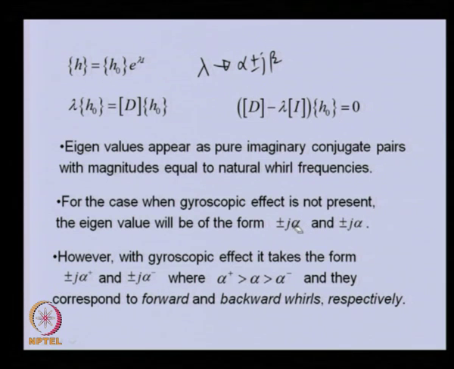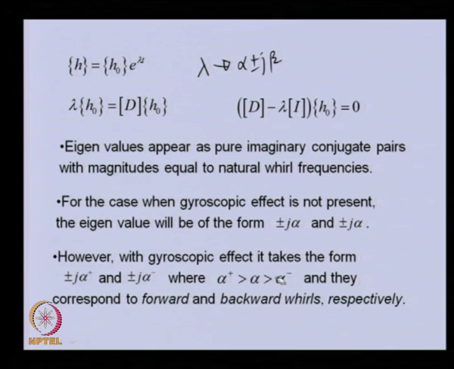One of the magnitudes of the eigenvalue, that is the imaginary part, will be a reduced value, and the other will have some higher value. So one will be alpha plus, let us say the higher value, and alpha minus, superscript, the lesser value. Alpha will be in between, but alpha plus will be more than this and alpha minus will be less than this.